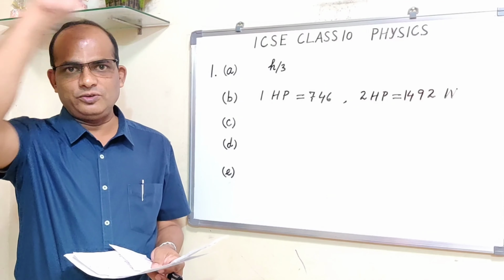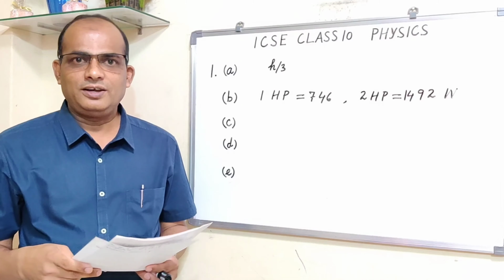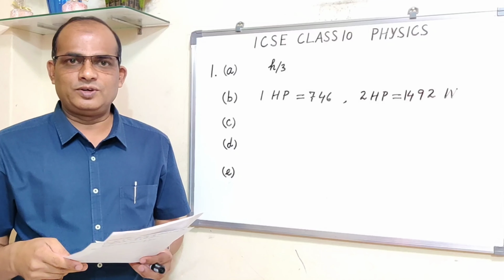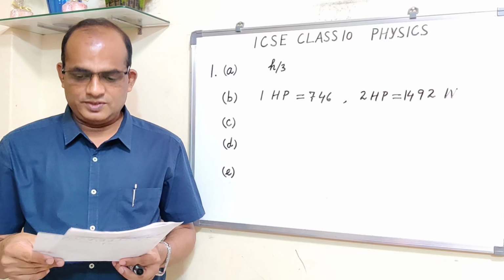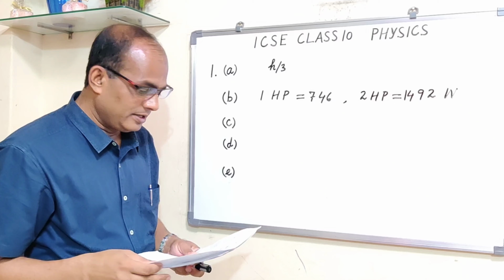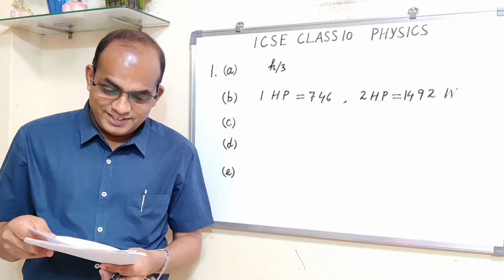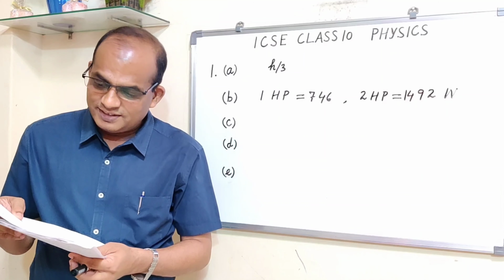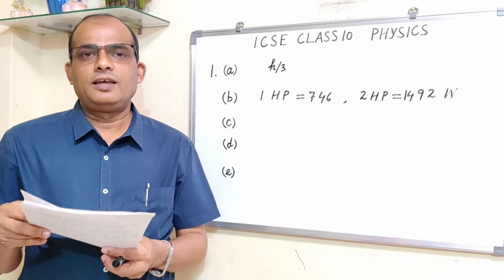Of course, a single fixed pulley is used to change the direction, in a convenient direction. To get a convenient direction, we use a single fixed pulley. Okay, and the last sub-question is, state any two factors that affect resistance of a conductor.